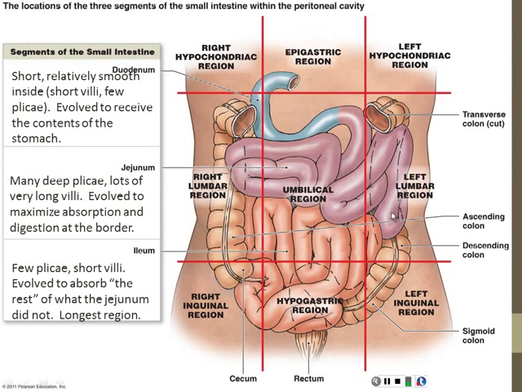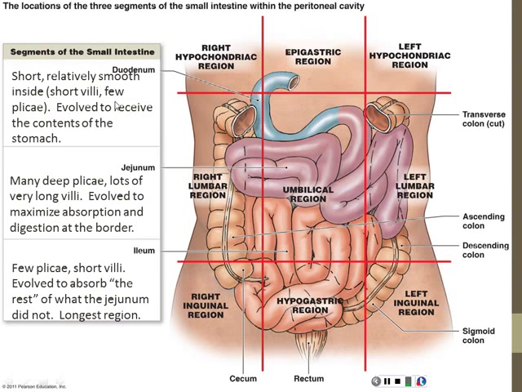And then the jejunum becomes the ileum, which makes up the rest of the small intestine. That's this one here, in orange. And the ileum ends when the small intestine ends, where it joins the large intestine right here at the cecum.